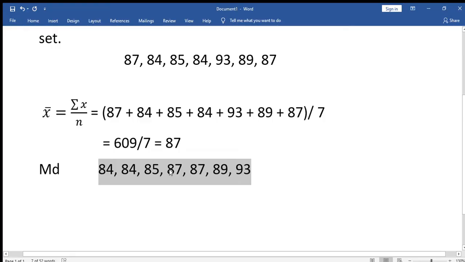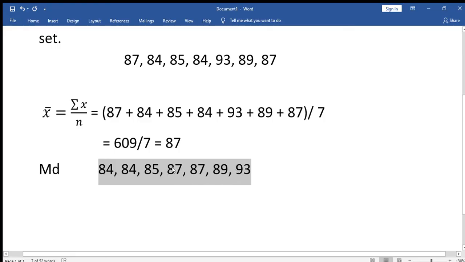When we say middlemost score, this is the score that lies at the center. You can easily determine the value of our middle score, especially so if we have an odd number of data set. Because when we talk about the odd number of data set, the number of scores to the left of your score and to the right of your score should always be equal.